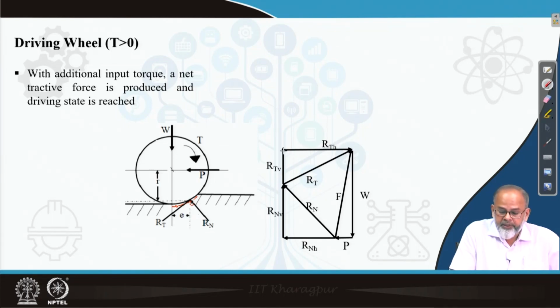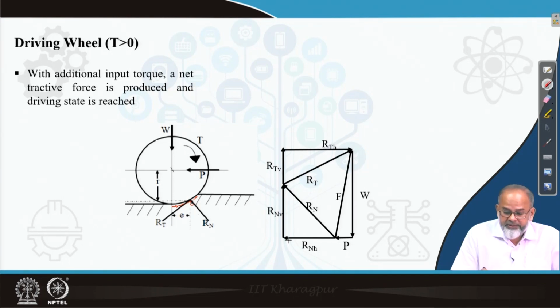One is the vertical component RTV, the other one is the horizontal component RTH. Similar to the self-propelled wheel, you can see RTH and RNH are opposite to each other. And in addition to that, P is also acting in the same direction as that of RNH.